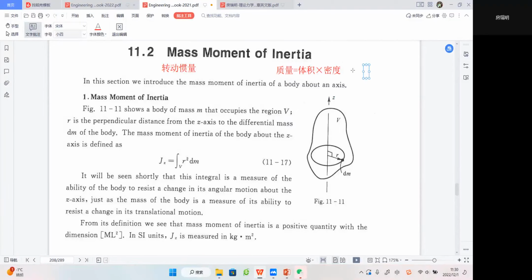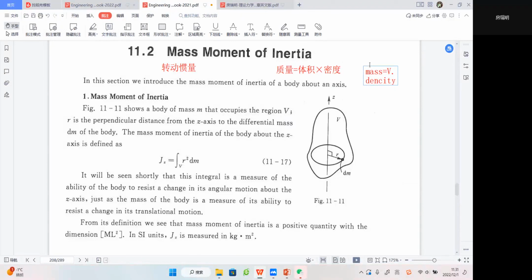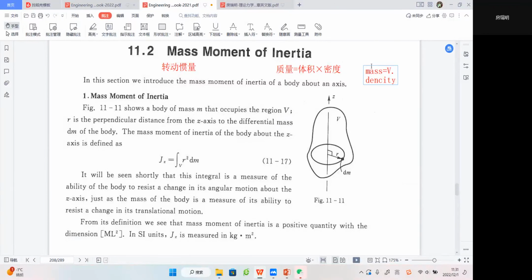So it is more like this: mass equals volume V times density. Am I right? I hope this is not incorrect for density. This may not be correct, so I will delete it here.